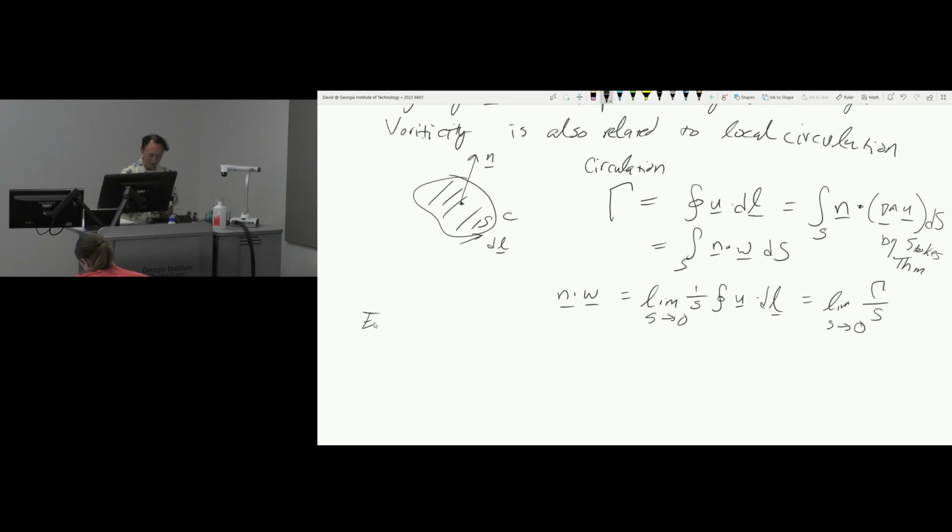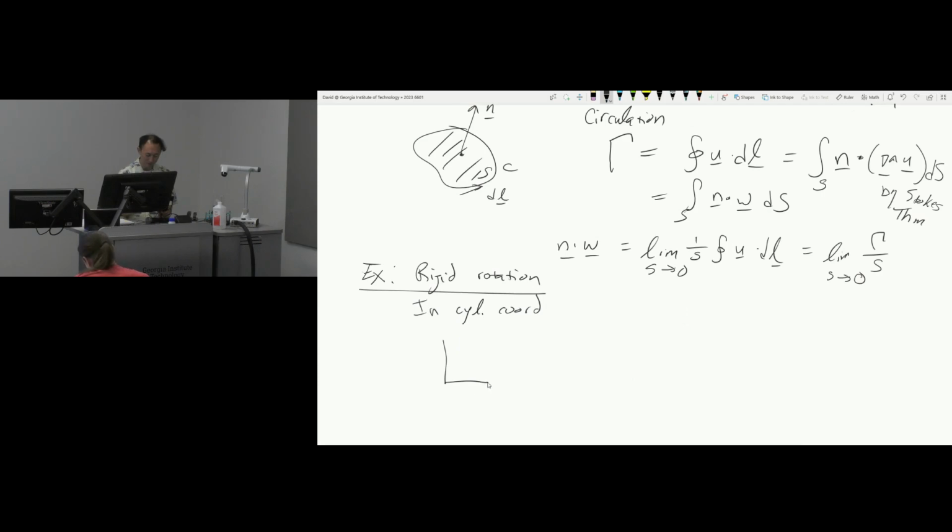Let's consider rigid rotation in cylindrical coordinates. All right. So to remind you, you've got x, y, z. Cylindrical coordinates are defined by your radius and your height here. So something like this.